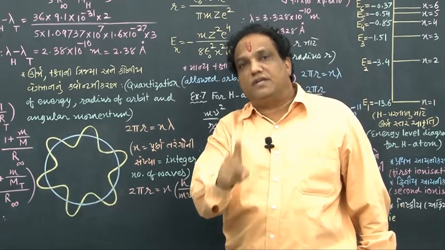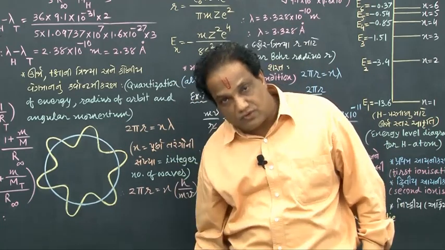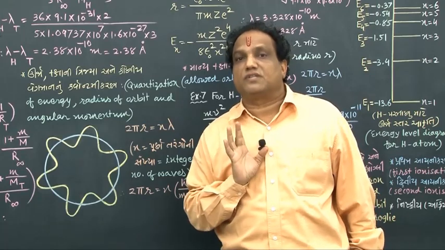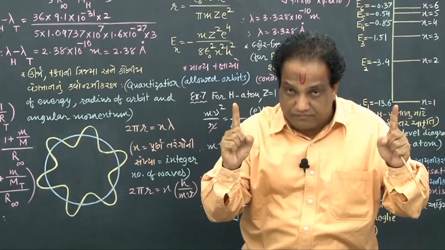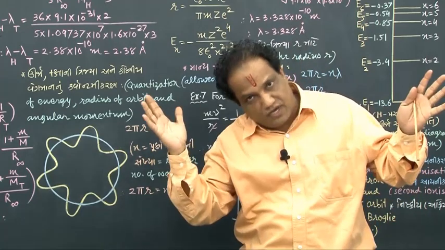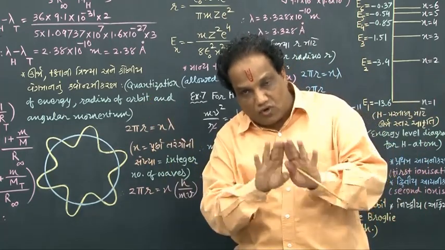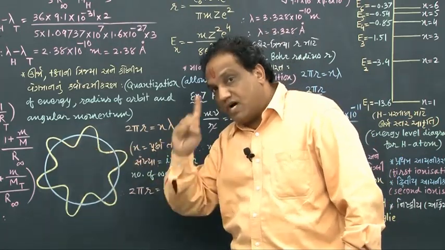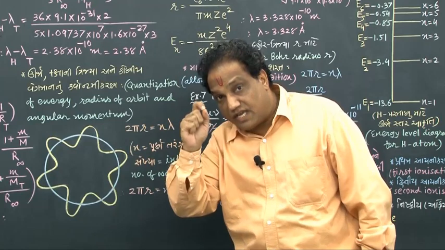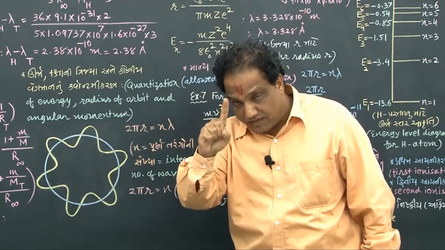And you have studied in second semester about stationary waves. During the propagation of stationary waves, the energy remains in the same dimension of the medium, it does not get emitted, okay. So if energy is not emitted, then the orbital motion of electron must be represented by a stationary wave, one thing.